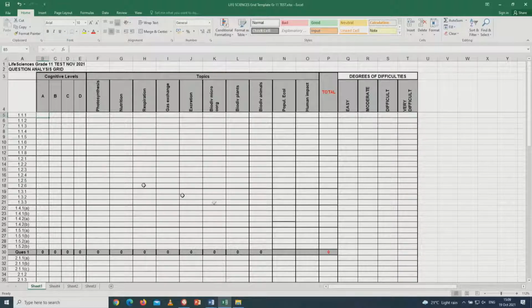Okay, let me explain this from top to bottom. We have done it in the training, but again, here are your question numbers, question 1.1.1, 1.1.2, 1.1.3, etc. In other words, on the left-hand side, those questions form part of Section A, multiple choice, always in our papers in that order.